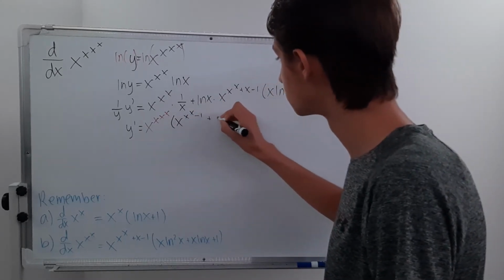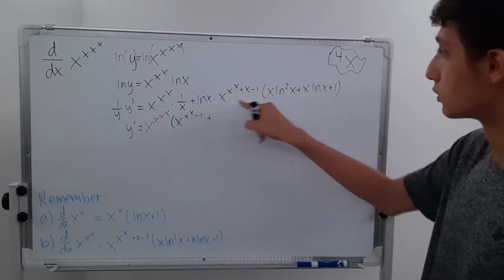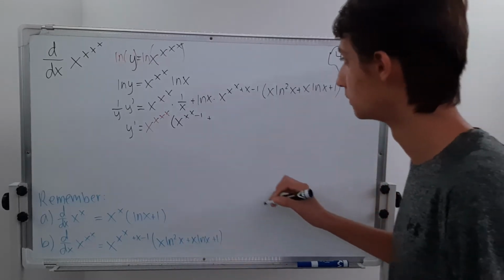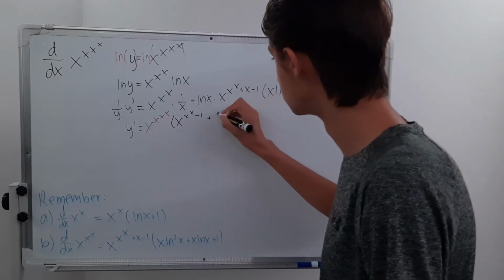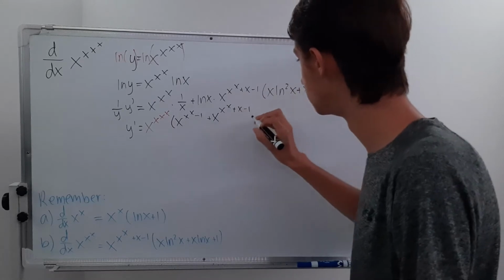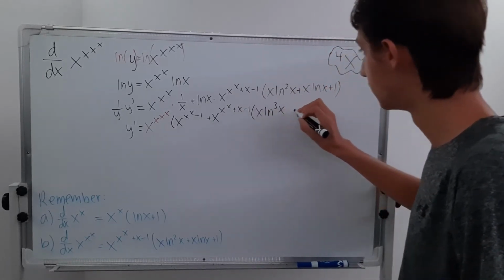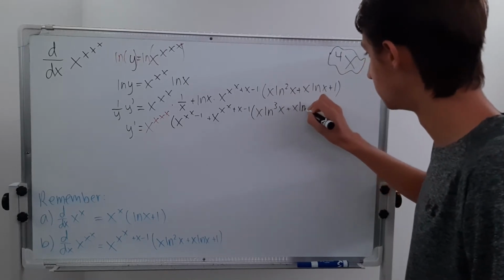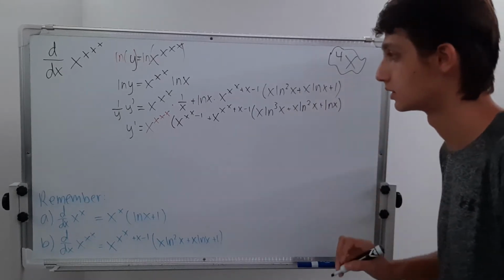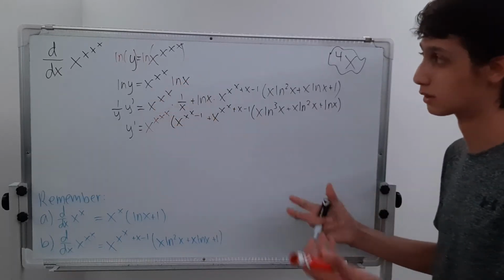And then plus, well, this natural log is kind of awkward there, so I'm going to multiply it out to all of these to help us out. So we have x to the x to the x plus x minus 1 times x ln cubed x plus x ln squared x plus just a lonely natural log of x. And that is our derivative of the fourth tetration of x.